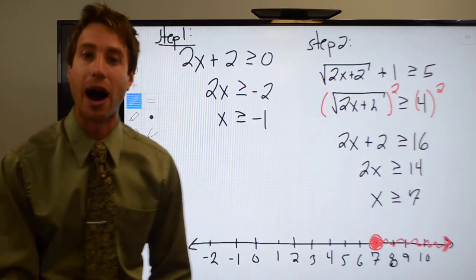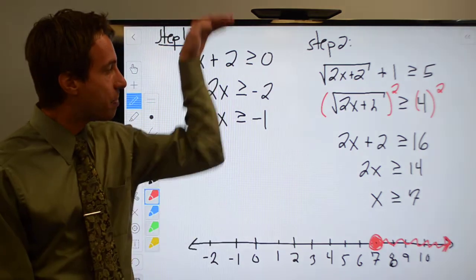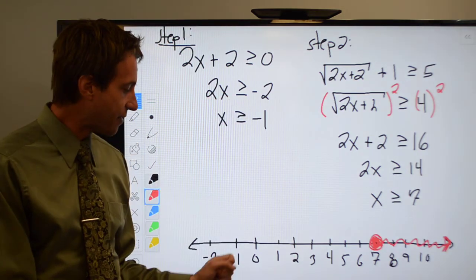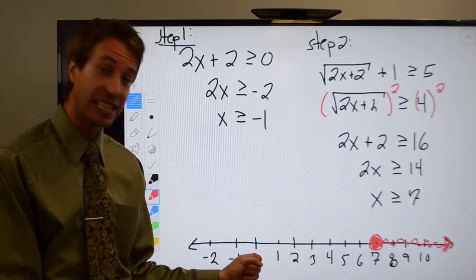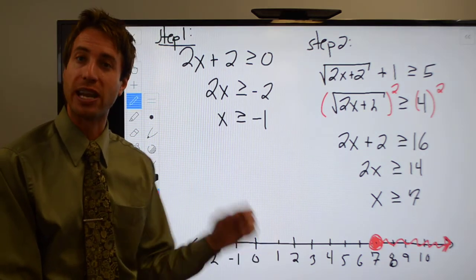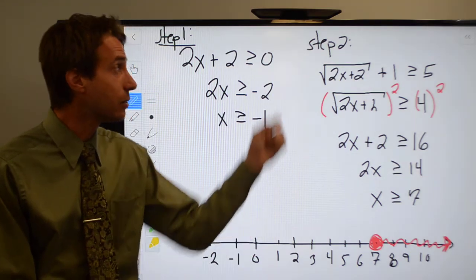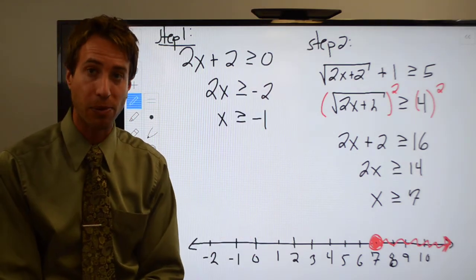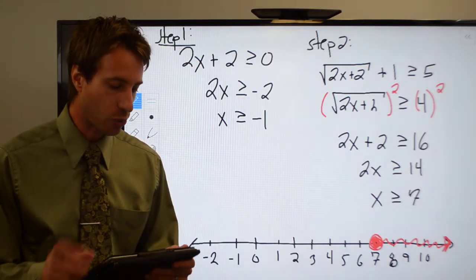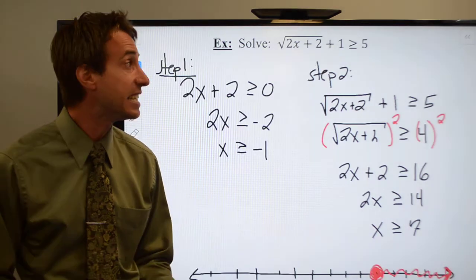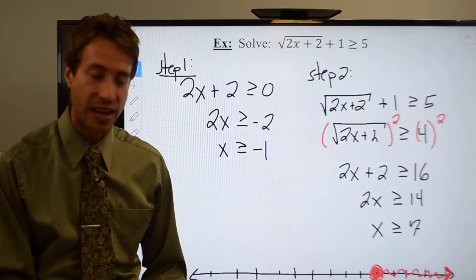Now, why? Well, here's the reason why. Based on step 1, if everything needed to be greater than or equal to negative 1, that means that 0 would be a solution. However, if you plug 0 into the original problem, you get something that is less than 5. And the original problem says it needs to be greater than or equal to 5.